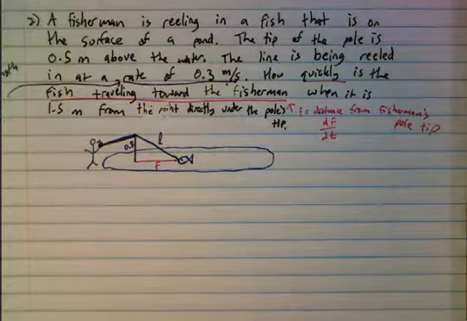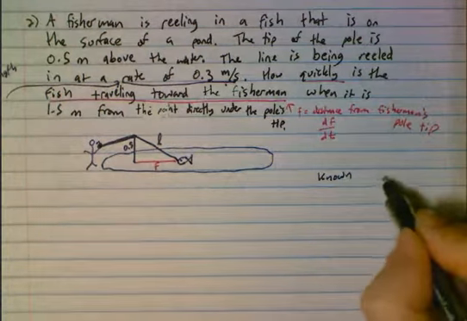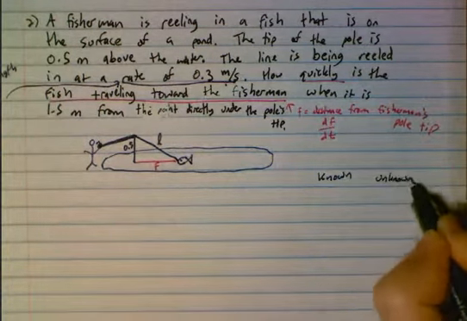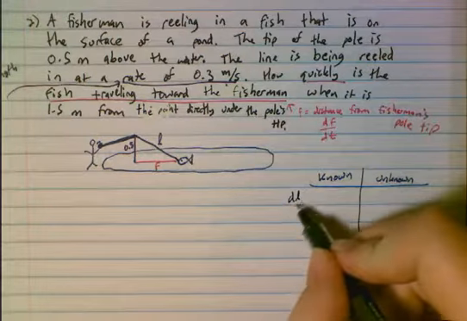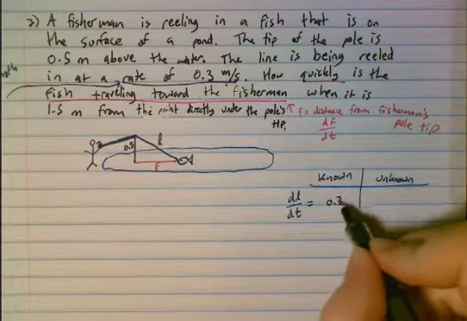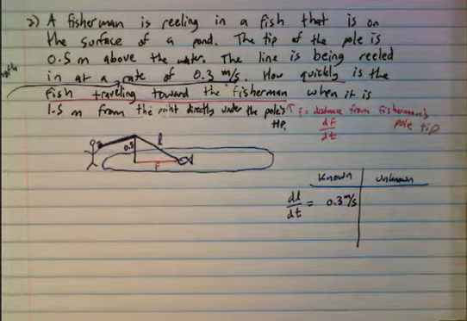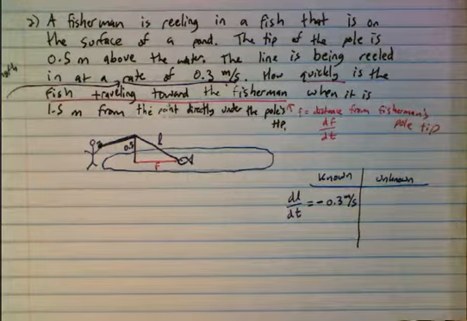Okay, make a knowns and unknowns table. The 0.5 here is already labeled. The line is being reeled in, dL/dt, at a rate of 0.3 meters per second. Now, here's the really key thing. This is being reeled in. It is getting smaller. That means that this is a negative.